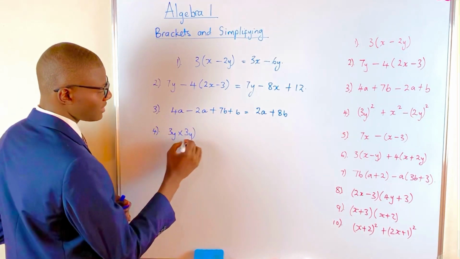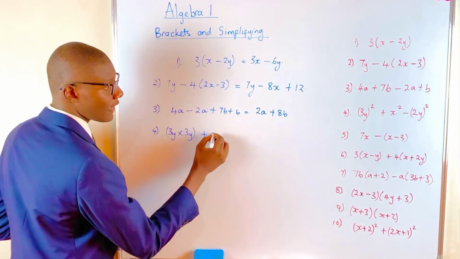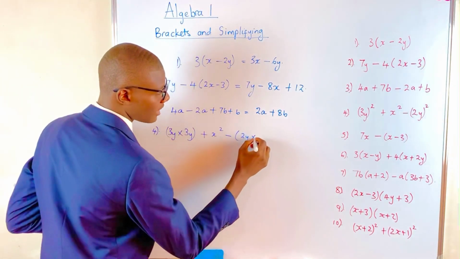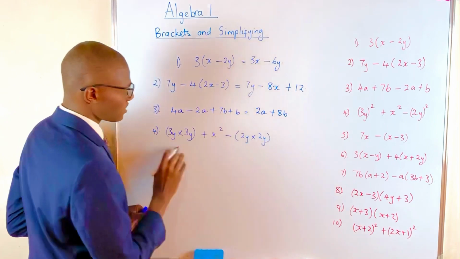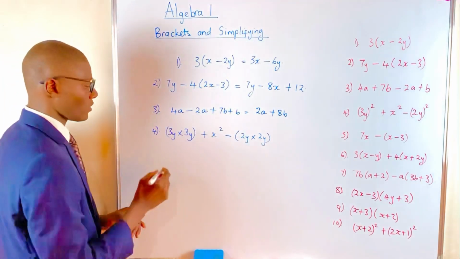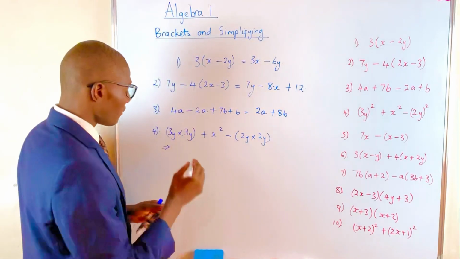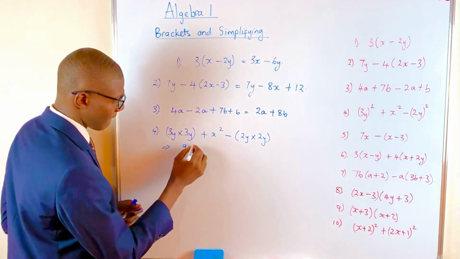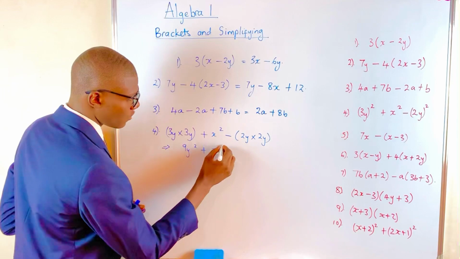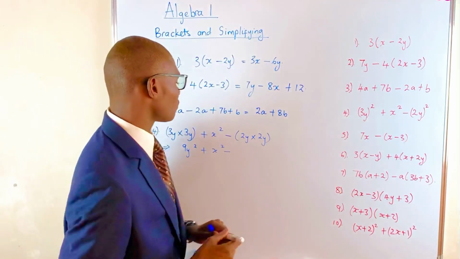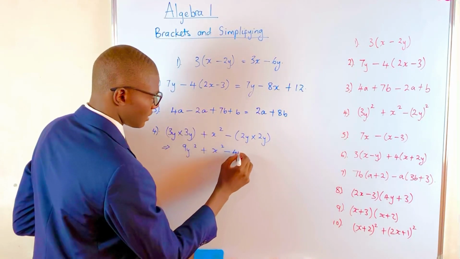And then we're adding plus x squared, then minus 2y times 2y. So this is (3y) squared and that's (2y) squared. So simplifying this, 3y times 3y, we get 9y squared. Then plus x squared minus 2y times 2y, we get 4y squared.